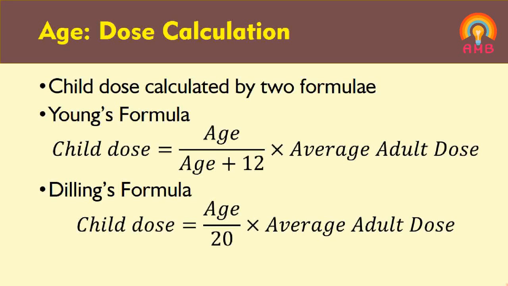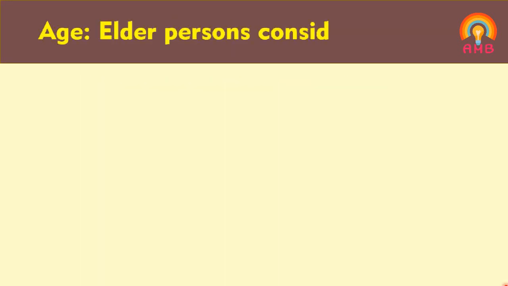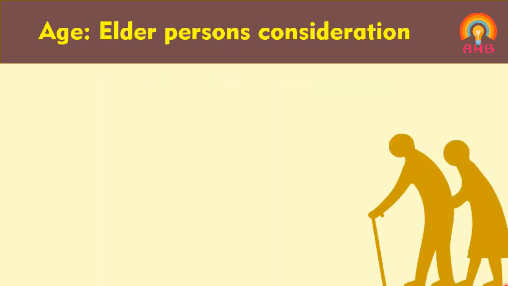If you know the age of the child and the average adult dose of the drug, you can calculate the dose required for the child using either Young's formula or Dilling's formula. As we give emphasis to the dose of drug in children, we have to give emphasis on the dose for elderly persons too.